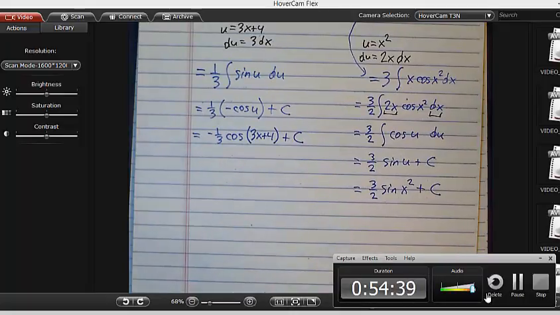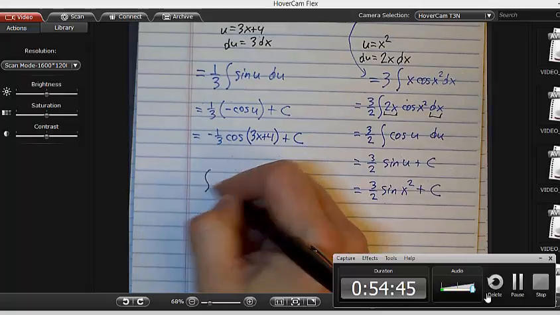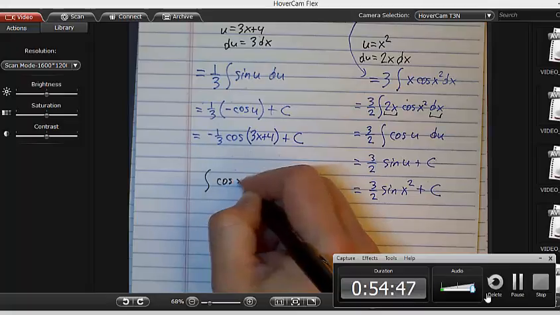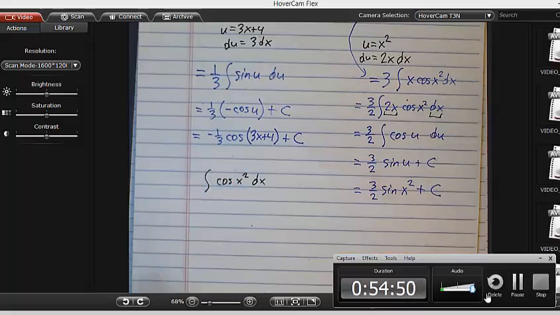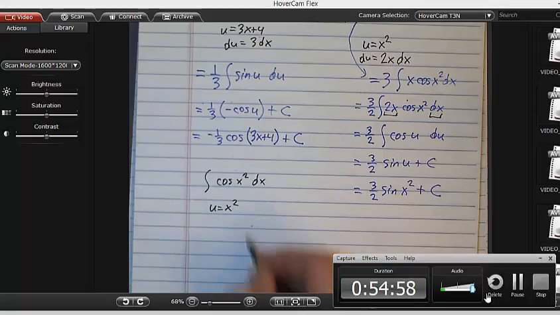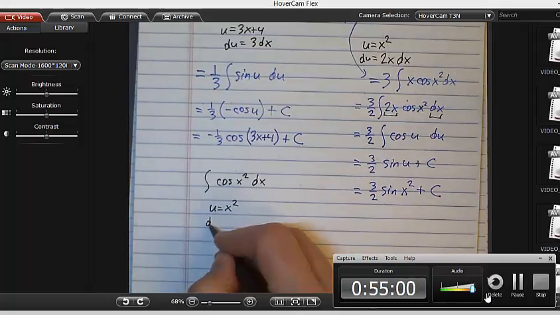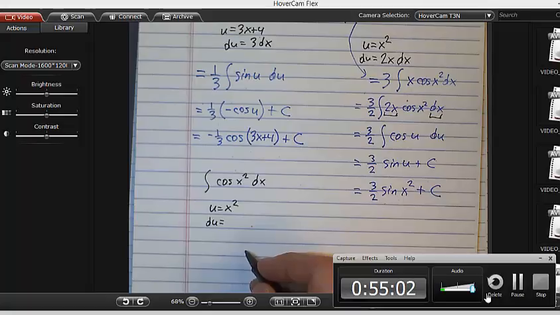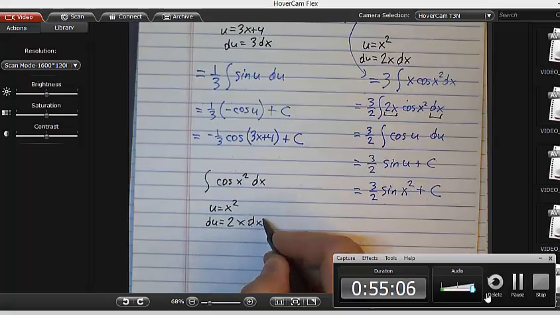By the way, this just reminds me of another problem that nobody can do. It's been proven no one can integrate this one. You can't. You could try. Then you get du equals, well, 2x dx, right?